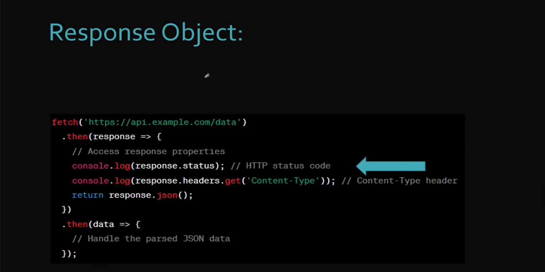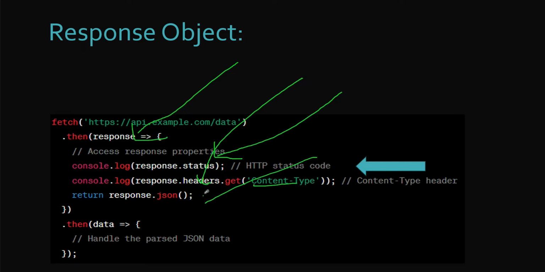So when we have fetch, the first then is able to get the response. We should be able to check the status, whether it is 200, 400, 500. And we can even peek at the content type, whether it is JSON or XML. By default, most response types are JSON. Once we get a successful JSON response, it will call the next then method with the actual data.